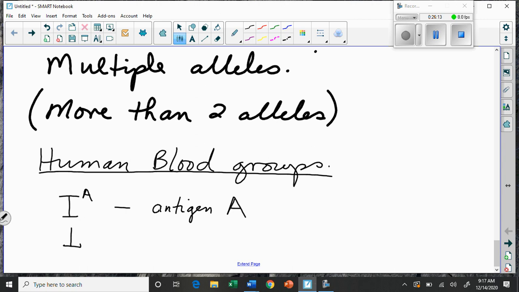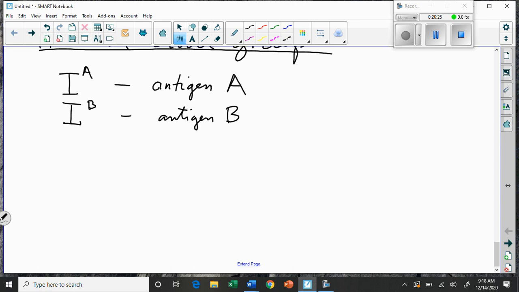Okay, then there's allele B, which produces the B antigen. And then there is another allele, which is the small i. The reason we're using a capital I for the first two is because they are dominant over the small i allele. The small i allele produces no antigens.